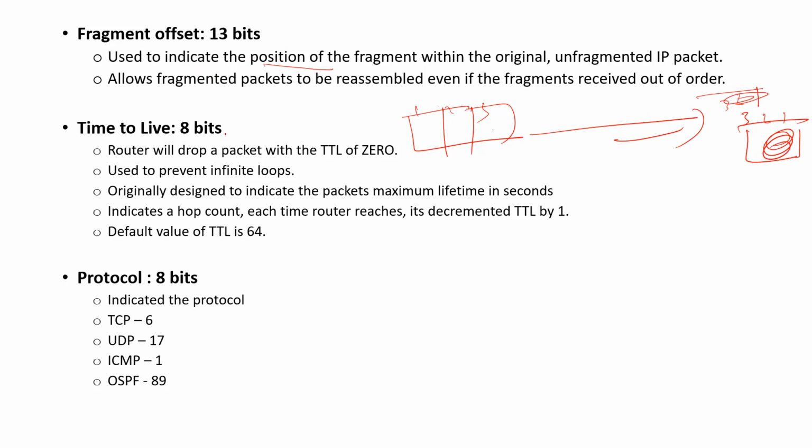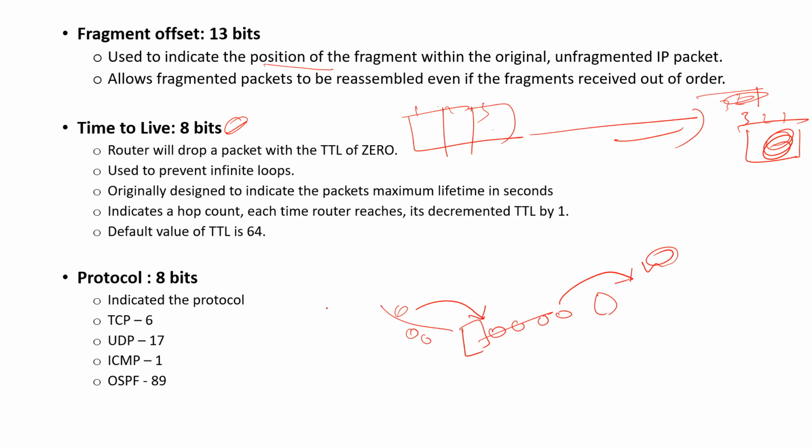And one more thing, we have time to live. Multiplexing and demultiplexing are different. In multiplexing, multiple data streams are transferred into one single stream, and one to many is demultiplexing.